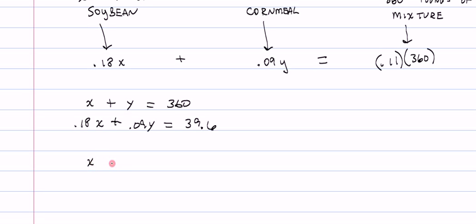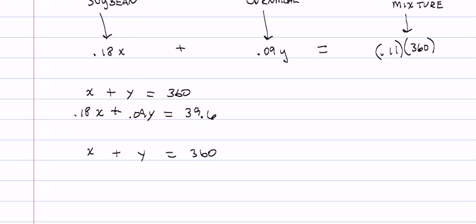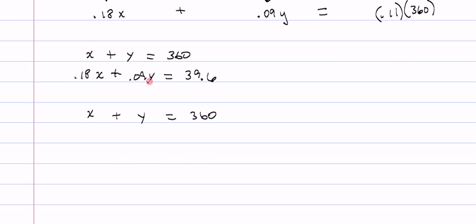So doing that, we get X plus Y is equal to 360. I'm not going to change the first equation. Multiply everything on the left and right side of the second equation by 100, and we get 18x plus 9y is equal to, and multiply that times 100, and you get 3960.